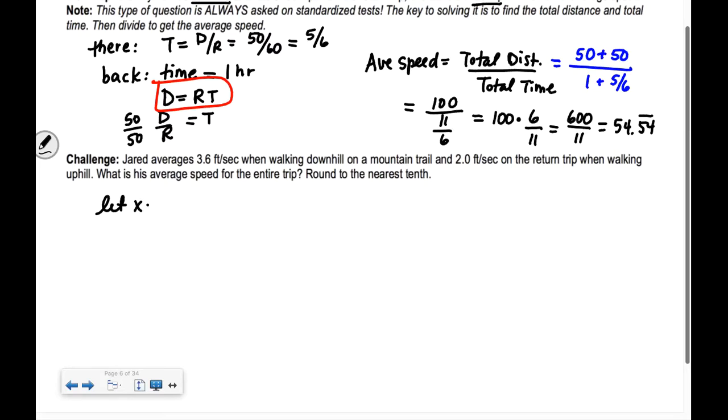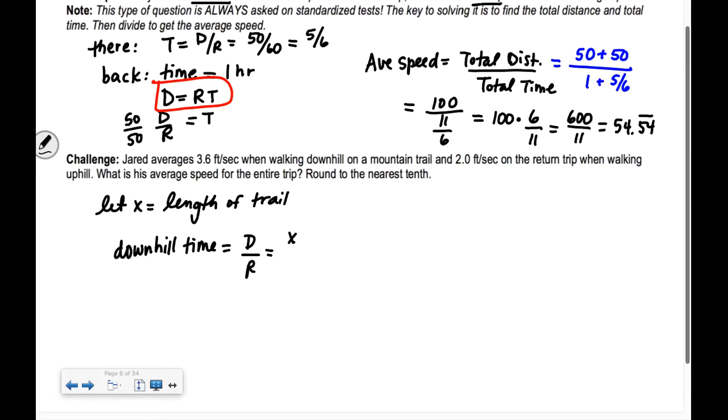You can say let x equal the distance, like the length of the trail. And we want to find the time that he spent going on each. So when he was going downhill, our time is equal to our distance divided by our rate.